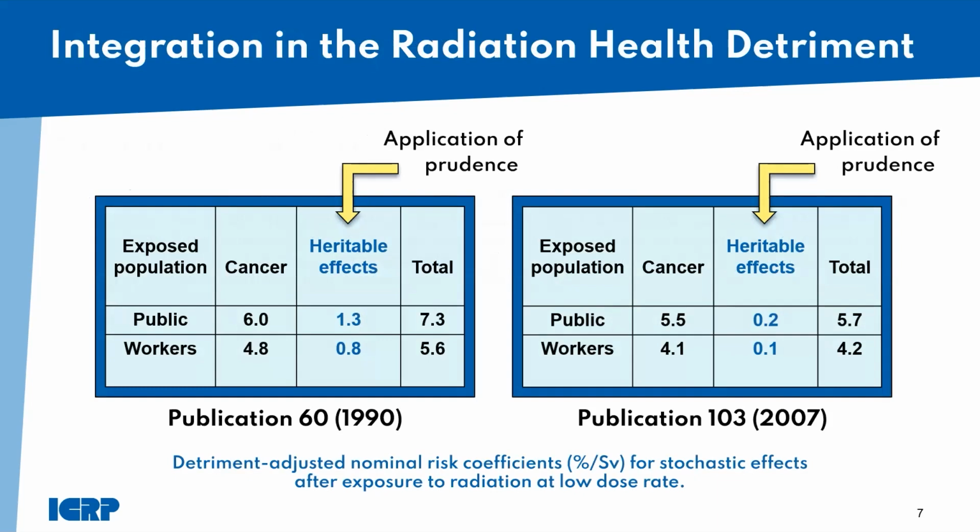And of course, we already had that discussion with the application of prudence, but between publication 60 and publication 103 in the calculation of the detriment, that was largely discussed. And of course, all the previous consideration on why to embark heritable effect is after that reflected into the calculation of the detriment. But of course, we may question what it means, the prudent attitude.